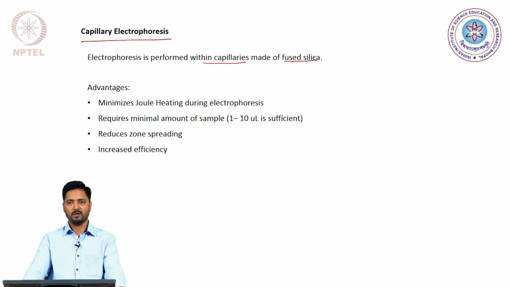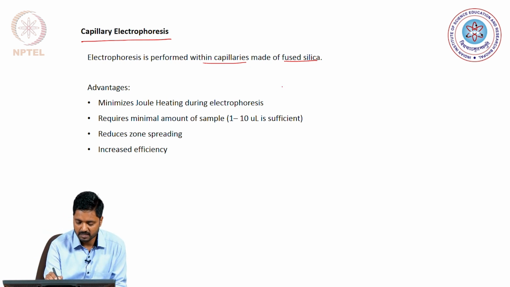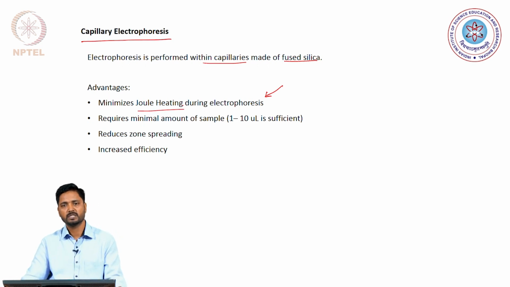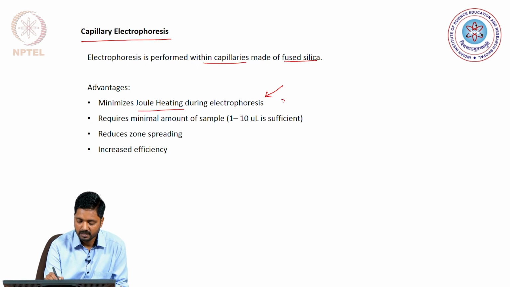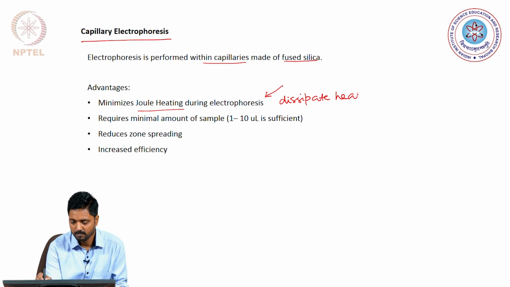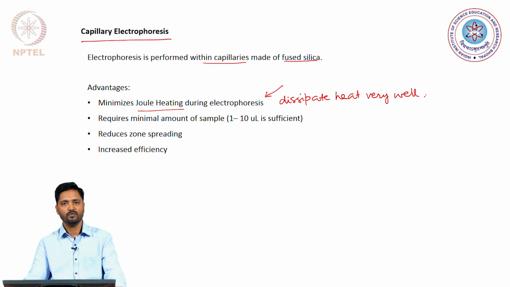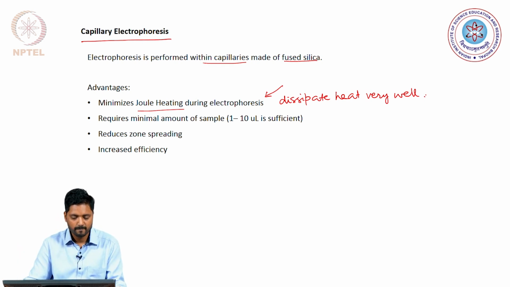Now, as mentioned already, capillary electrophoresis offers certain very key advantages. The first obviously is that it minimizes the Joule heating during electrophoresis. Because of its capillary nature, it can dissipate heat much better and allows application of high electric fields to achieve sufficient resolutions.